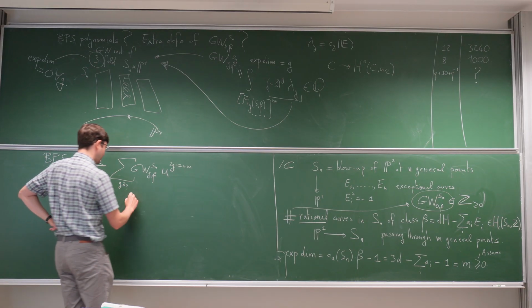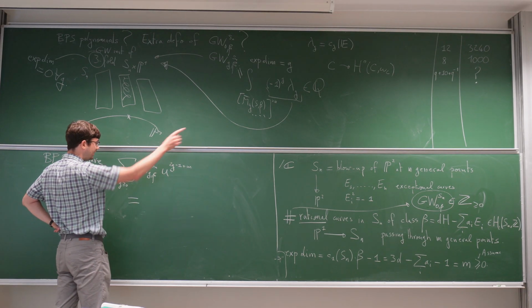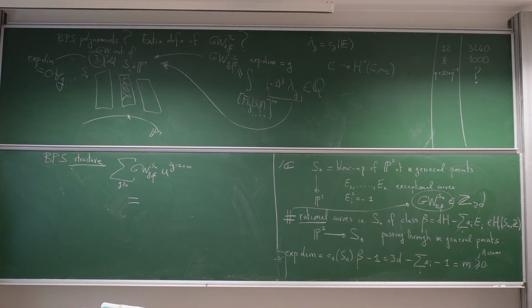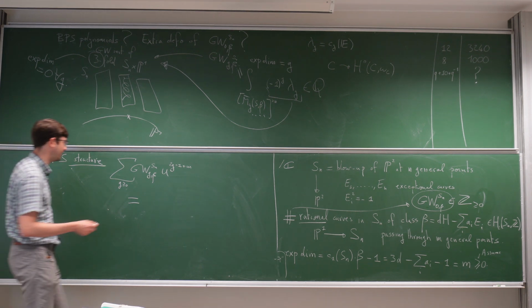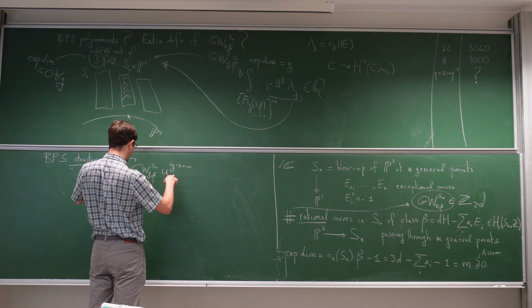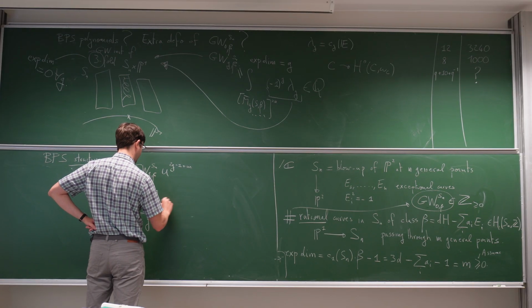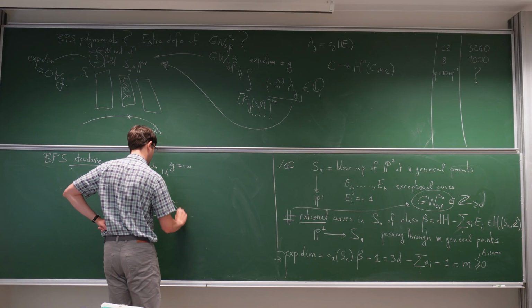And the BPS structure is telling you that actually this infinite sequence of rational numbers is determined by finitely many integers, which are called BPS invariants. And you can rewrite this series in terms of these finitely many BPS numbers, which I will denote BPS g beta.